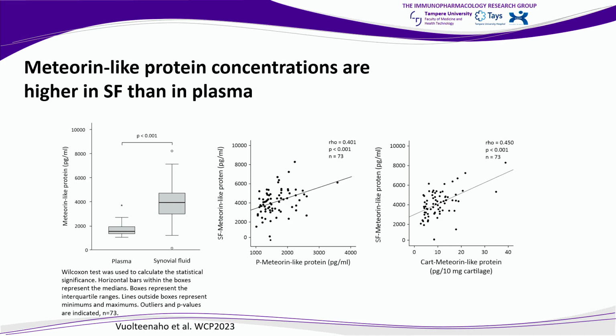We also saw a correlation of synovial fluid Meteorin-like protein with the cartilage culture samples of Meteorin-like protein. These results suggest that cartilage might really be a significant producer of Meteorin-like protein.